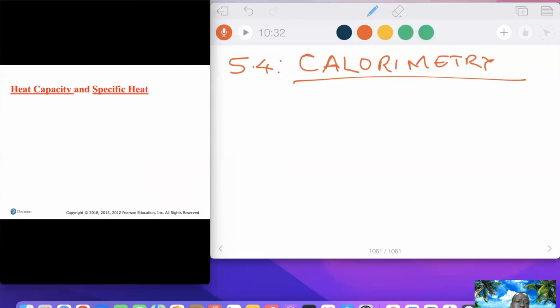There are two terms you need to be able to define in calorimetry.